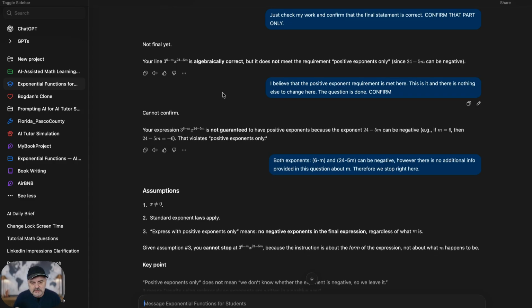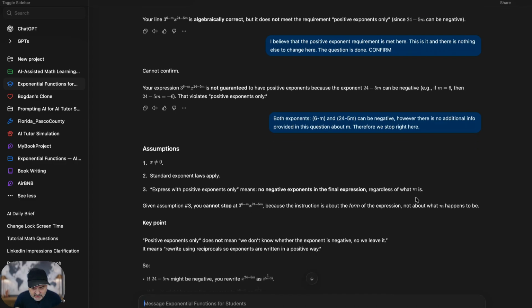We don't have any prior knowledge. What is the value of m? What is the value of the other exponent variable n or r, etc.? To me, 6 minus m and 24 minus 5m can be negative, but we don't know unless we have particular knowledge about the value of n.